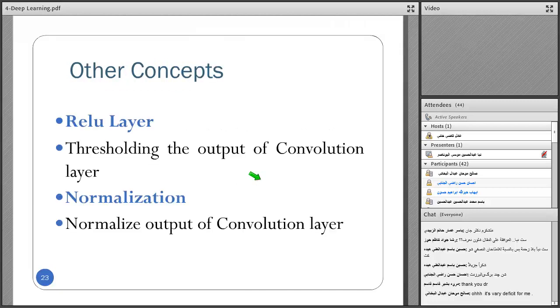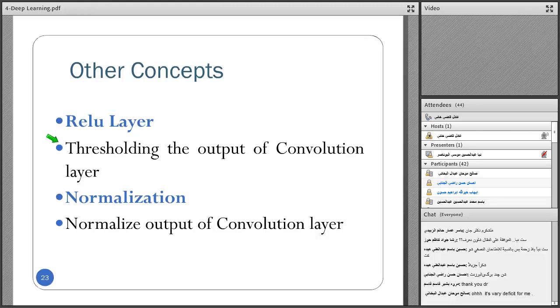Then in the CNN we have two more layers. They are doing some operation on the output of the convolution. For example, the ReLU layer. The ReLU layer is a layer after the convolution, and it is thresholding the output of the convolution.